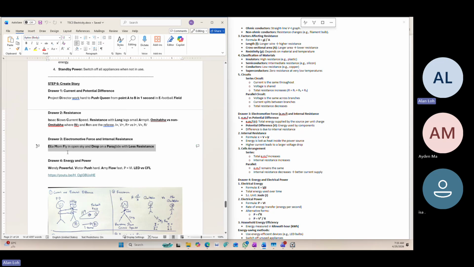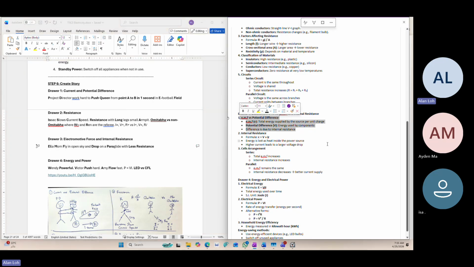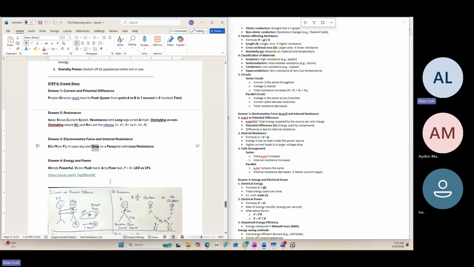Right. This is to help me to remember there is this EMF that I need to know, the definition of EMF. Then drop means what? Internal resistance. When there's an internal resistance, there's a drop in voltage.